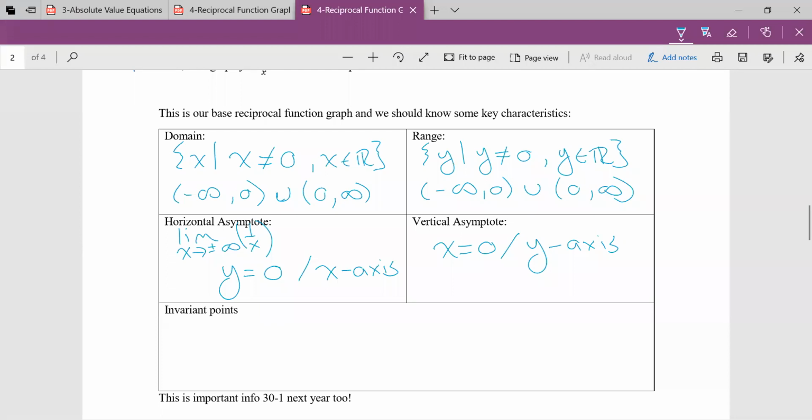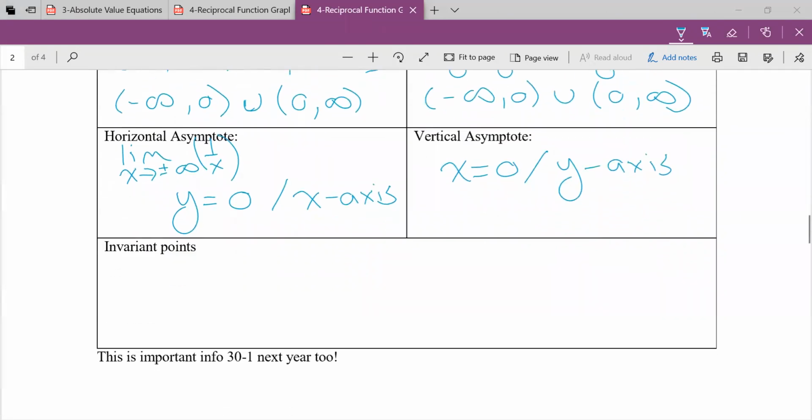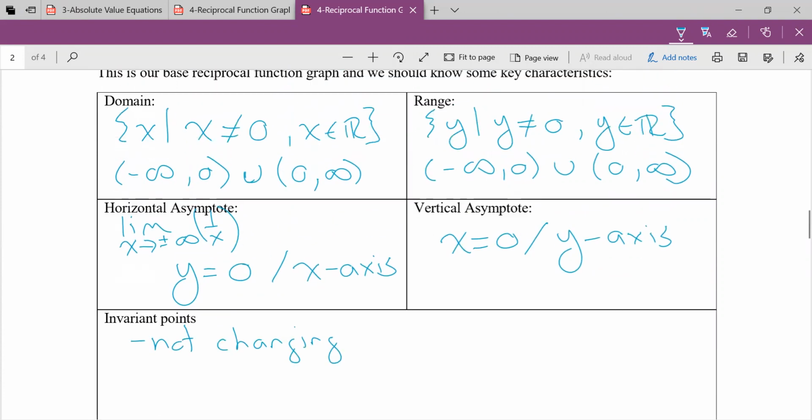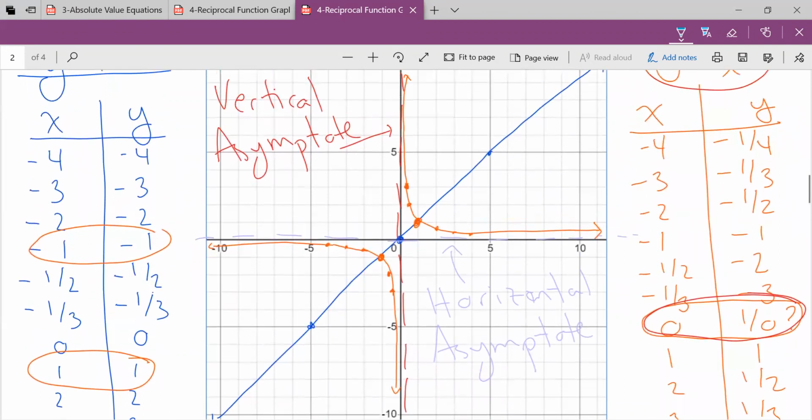Okay, so invariant points. Well, what does that mean? Vary means I'm changing. So invariant means I'm not changing. So what point didn't change from the original graph to the new graph? Do you see? -1 is on both graphs, and 1 is on both graphs.